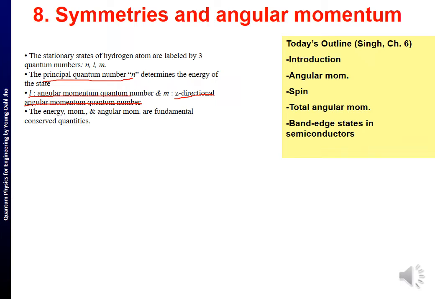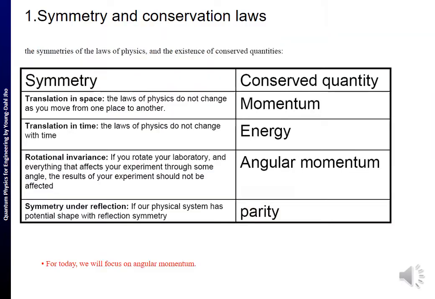And here, energy, momentum, and angular momentum are fundamental conserved quantities. These are actually related with symmetry. We know momentum and energy should be conserved.